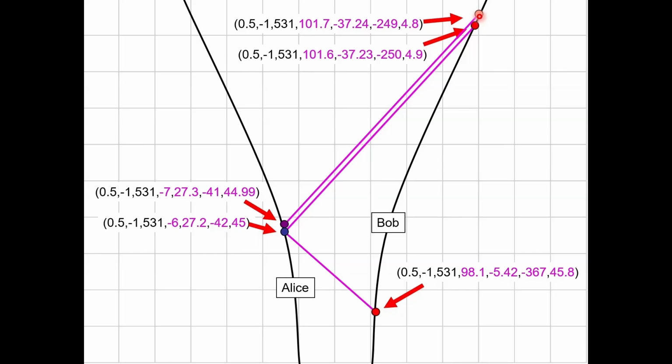And this means that if we look at the field numbers over here, there is some information in these numbers about this point on Bob. So we can say that this point on Bob has information about another point on Bob that is below it on its world line.